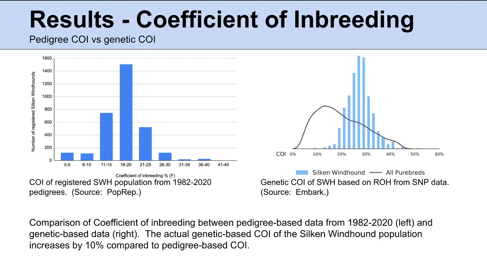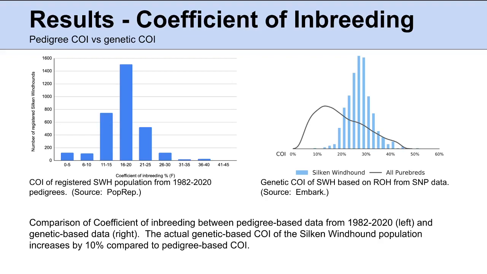Most of the Silken Windhounds in pedigree COI we see in the 16 to 20% range, but when we look at genetic-based COI, we see most of them are between 25 and 30% genetic COI.